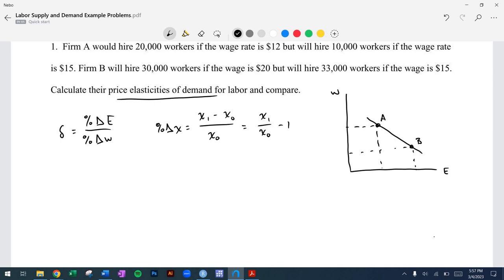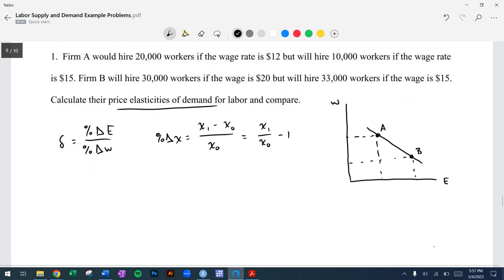Some people will use the midpoint between x1 and x0 instead of x0. But we'll just use this formula and just choose A or B, and it doesn't matter which.